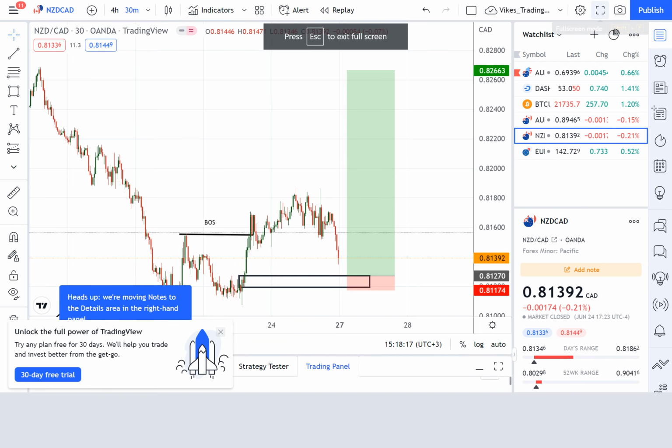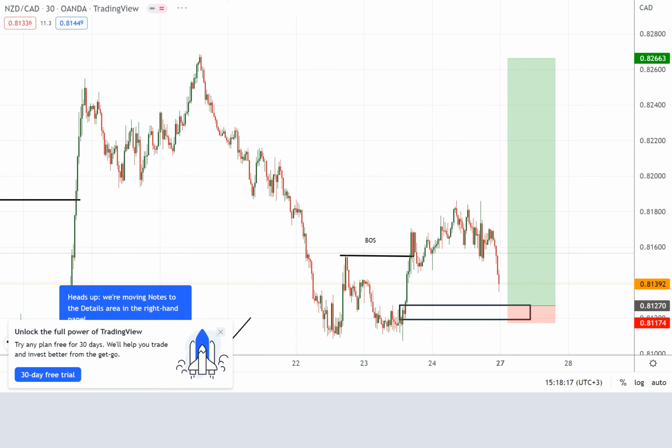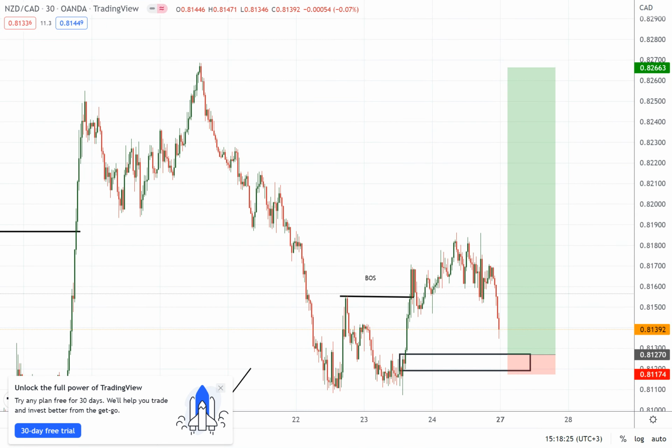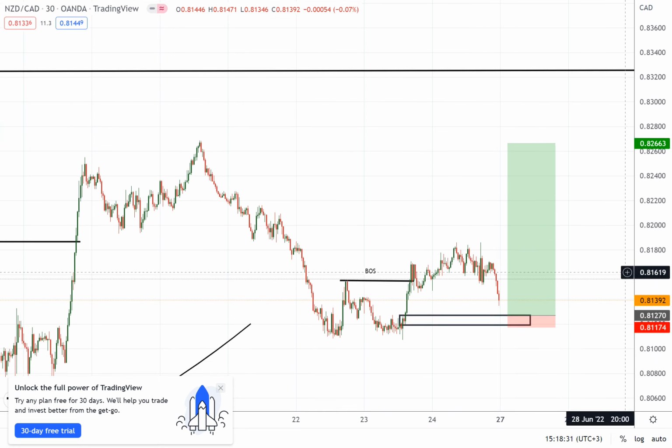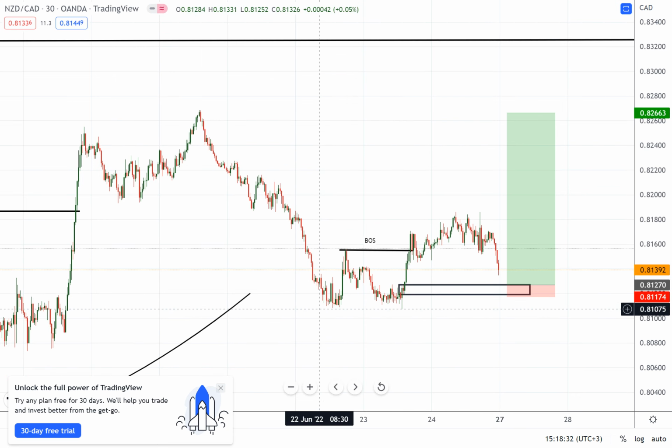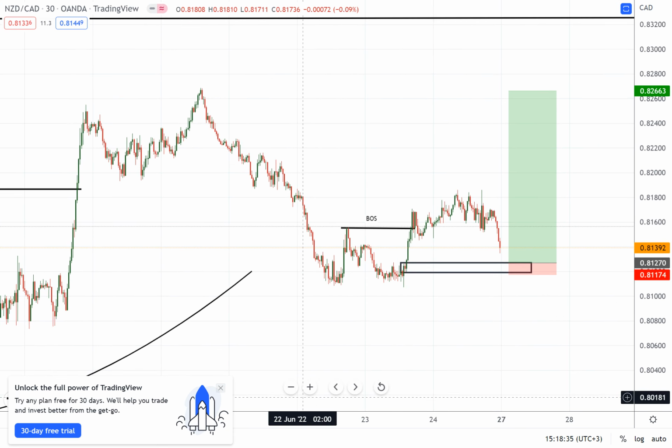Do a recap. We started from our daily time frame. We identified our double bottom. For each time frame, we saw break of structure around here.